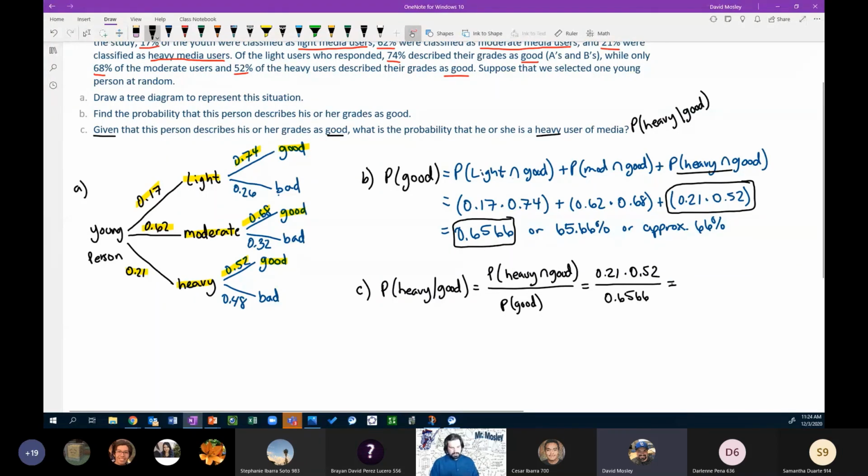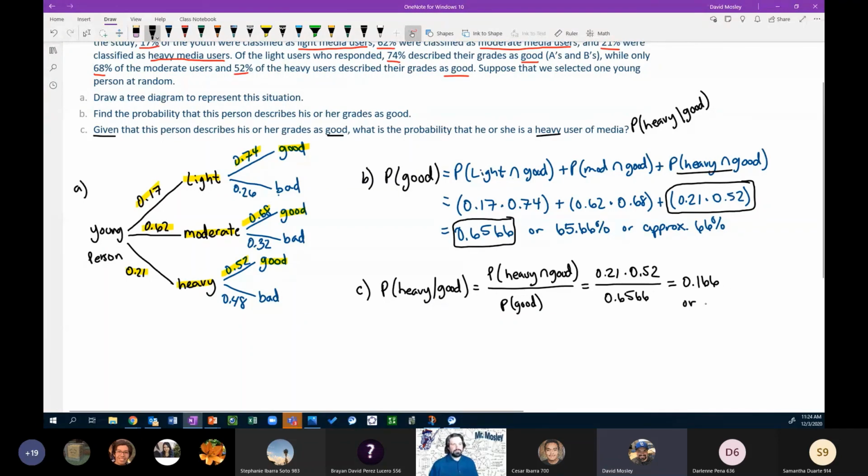And once again, we get out our handy dandy calculator. And we get 0.166 approximately. 0.1663113, and I'm sure there's more. All right.